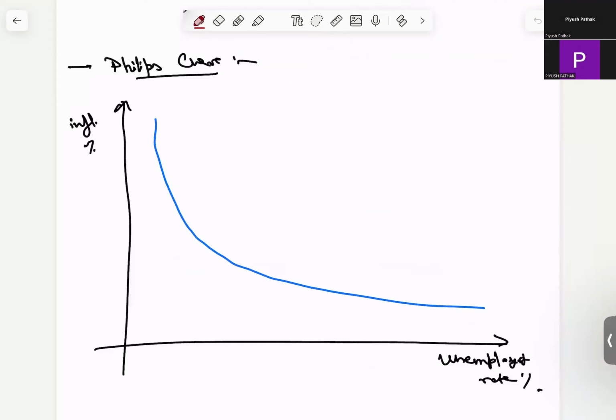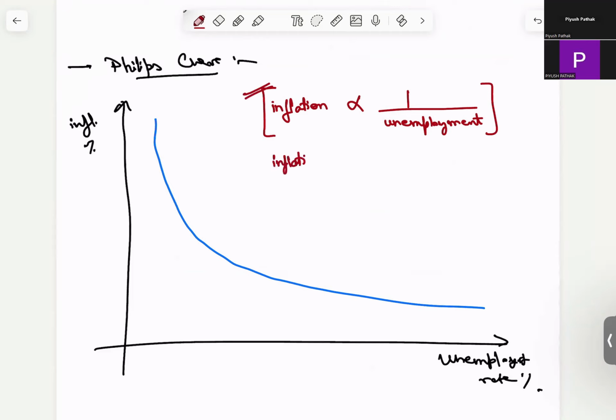It says that inflation has an inverse relation to the unemployment rate, which means that in an economy, if there is high inflation, then there would be less unemployment, or more people are employed. The reason is that inflation usually happens when demand is much more than supply.